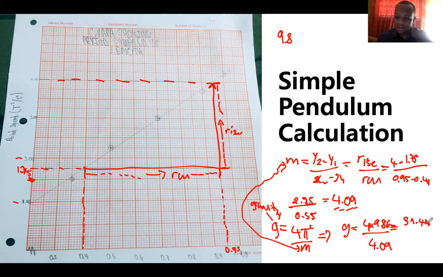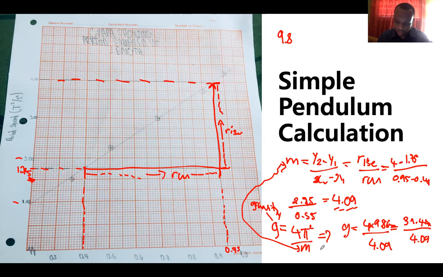Sorry, the computer is moving a little slow. All right. And our value is 4.09. So what is our final value for the acceleration due to gravity for this question? 9.64. Let me just do a quick check here.